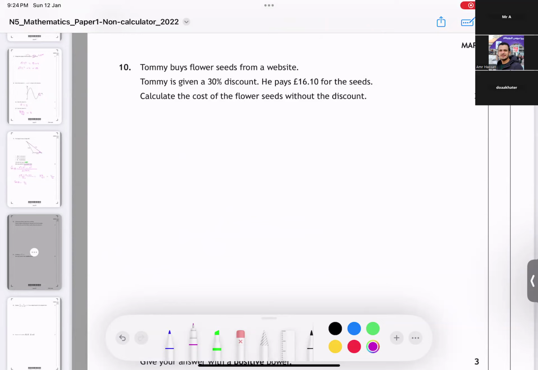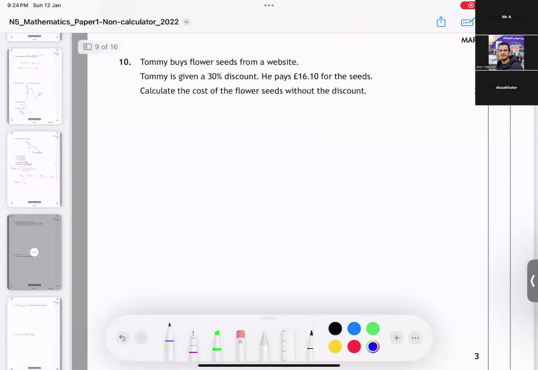So we have this one before, and this one is after discount, right? This one is supposed to be 100%. Discount was 30%. After discount, it's going to be 70% because in discount, we need to subtract, right? Yeah.